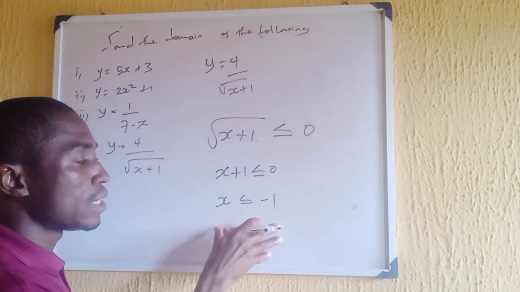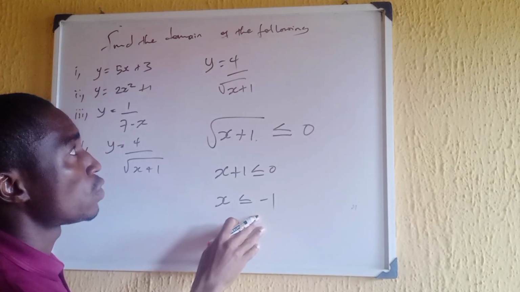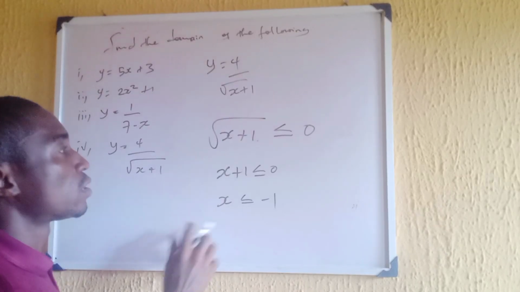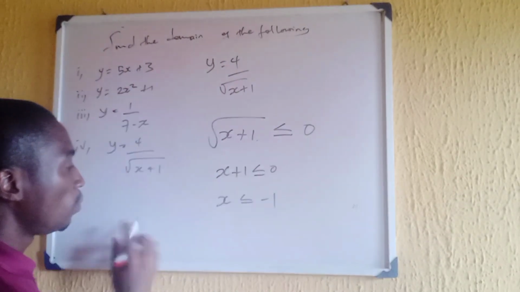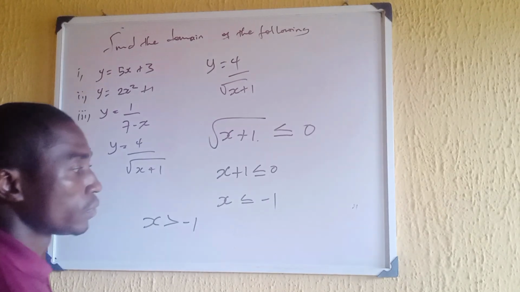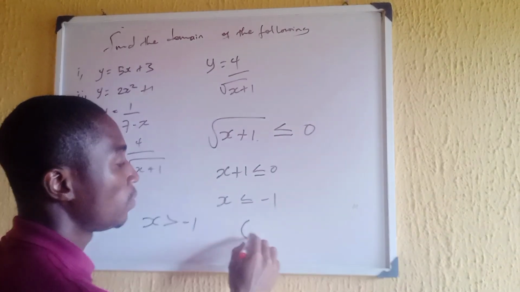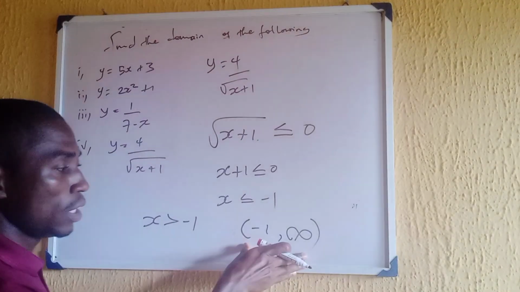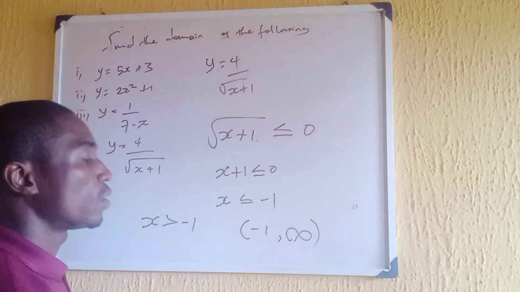Once x is less than or equal to minus 1, this expression becomes undefined. So it means that for the domain, x is greater than minus 1. That means we'll have minus 1, comma, infinity. So here is the domain for this function.